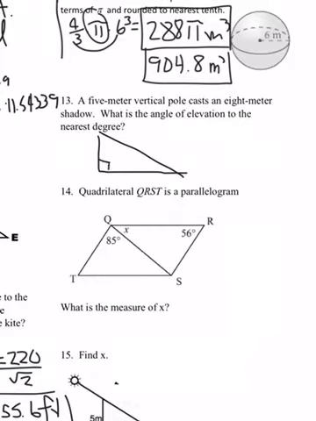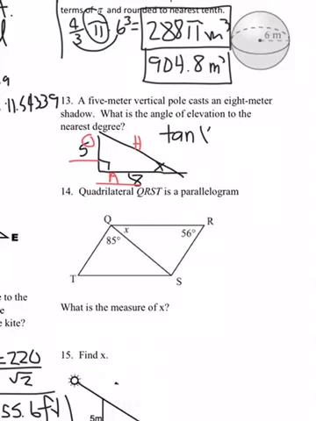So 5 meter pole, 8 meter shadow, what is the angle of elevation? You're going to have to identify from the angle x, opposite, adjacent, hypotenuse. From x, 5 is opposite, 8 is adjacent. Opposite and adjacent is tangent.